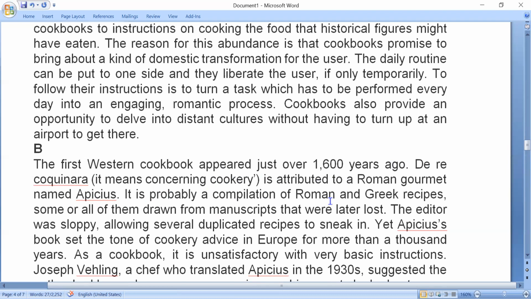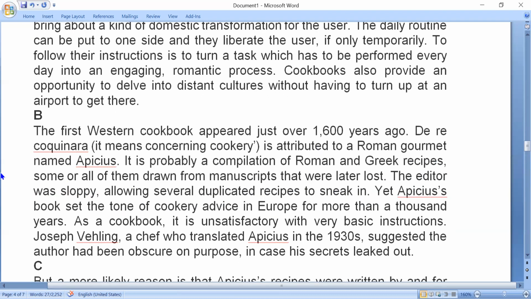It's probably a compilation of Roman and Greek recipes, some or all of them drawn from manuscripts that were later lost. The editor was sloppy, allowing several duplicated recipes to sneak in. Yet, Apicius' book set the tone of cooking advice in Europe for more than 1,000 years. As a cookbook, it's unsatisfactory with some basic instruction.